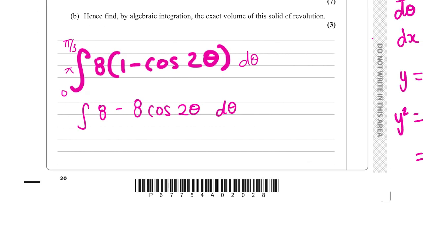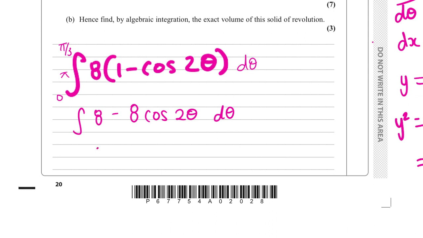If I integrate 8, what do I get? 8 theta. If I integrate cos of 2 theta, so sine, cos, minus cos, what am I going to get? Sine, so now I'm going to have sine of 2 theta. I then need to divide by the differential of the bracket. So 8 divided by 2 is 4, so this becomes minus 4.